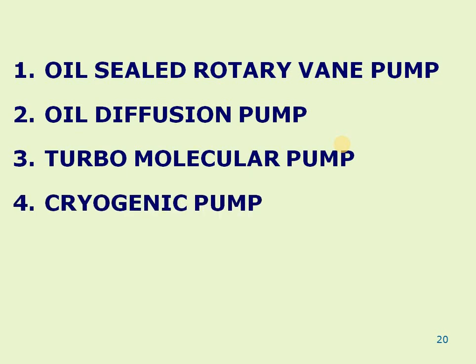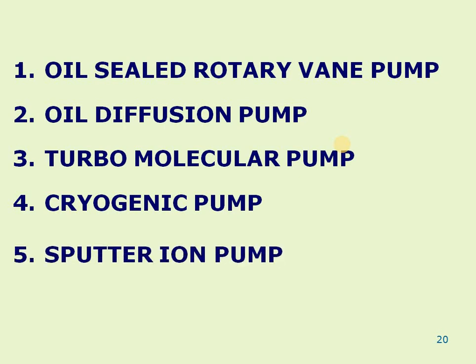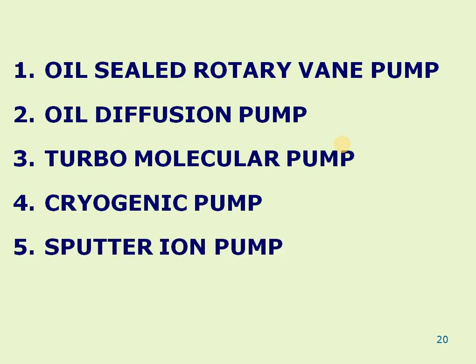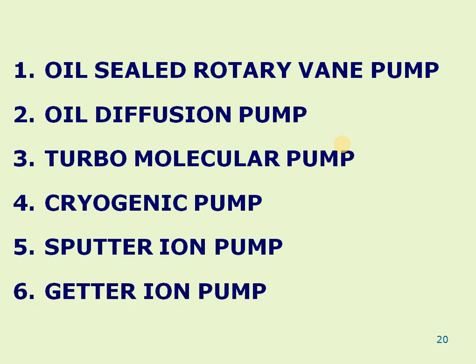And the fourth one is about the cryogenic pump, yet another very interesting pump used in very big modern scientific laboratories, advanced experiments. And another one is the sputter ion pump, and finally the getter ion pump. These are some of the pumps which we will be dealing with in the subsequent modules.